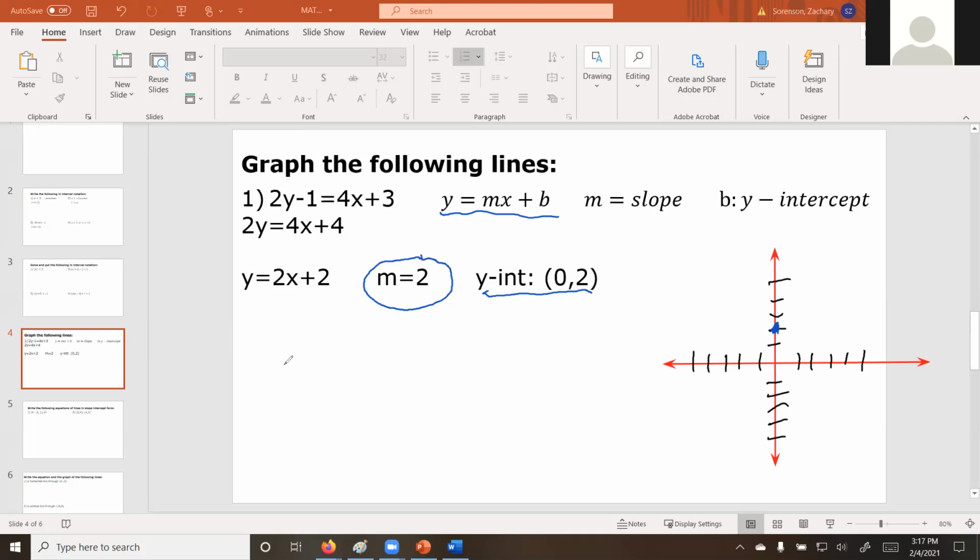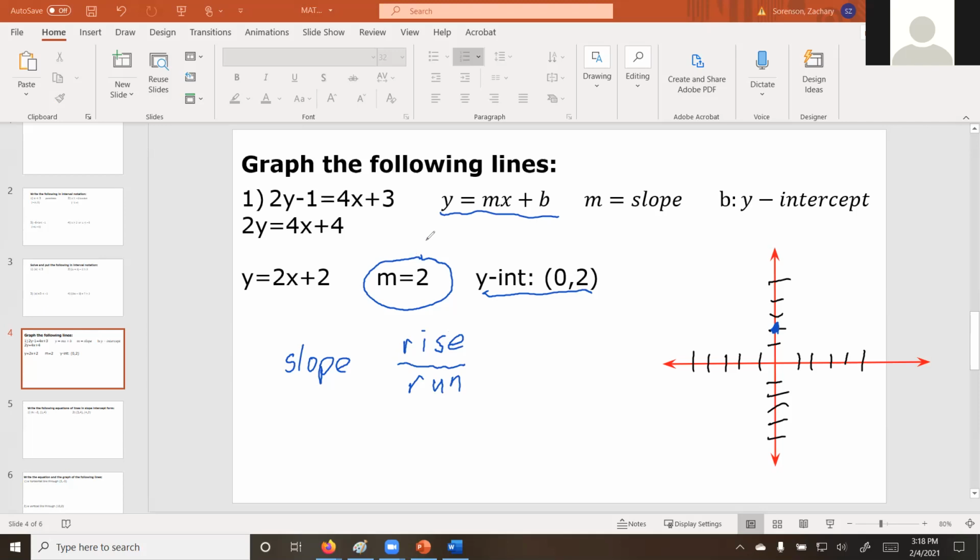And so usually people think of slope as rise over run, which isn't very mathematical, but it is a good way to think of things. What does that mean? My rise tells me how much I go up or down, and the run tells me how far I move left or right.